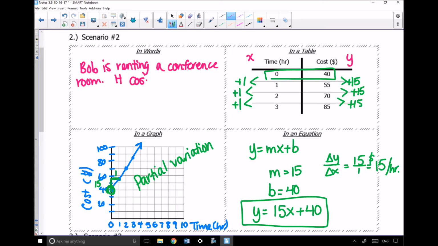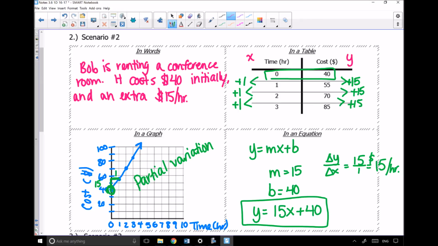It costs $40 initially, so there's an initial fee of $40 and an extra, hopefully you'll know that the answer is $15 per hour, okay? And that's how I do scenario 2.